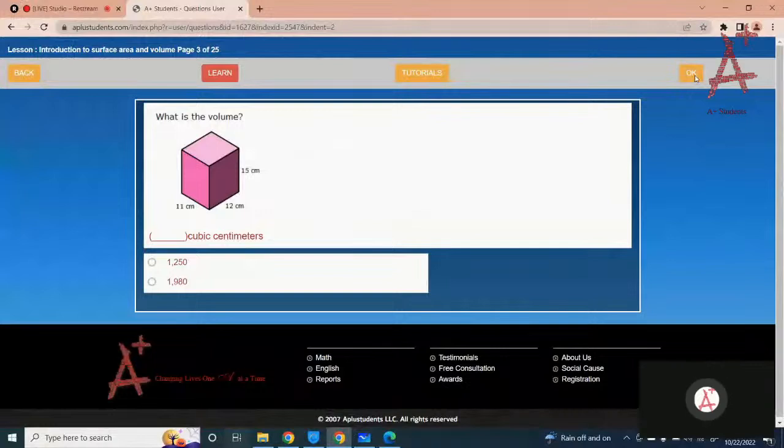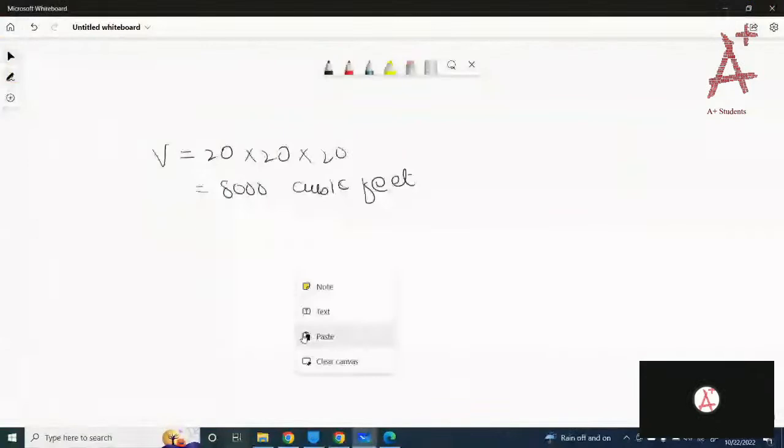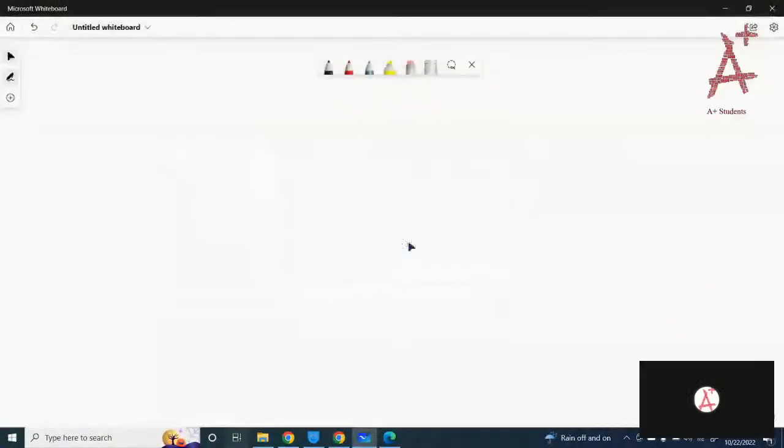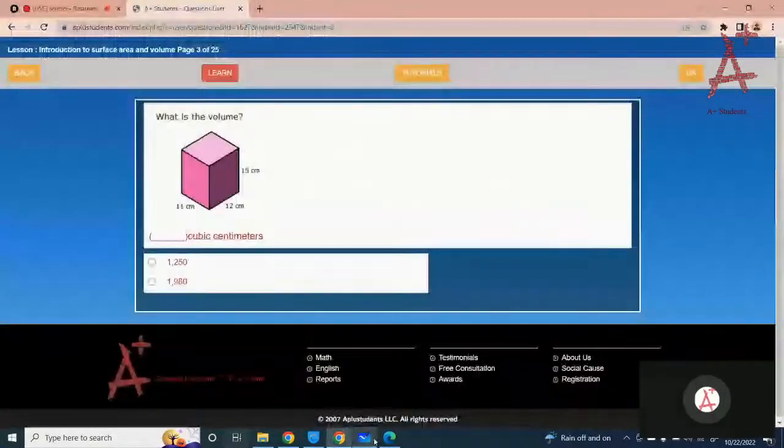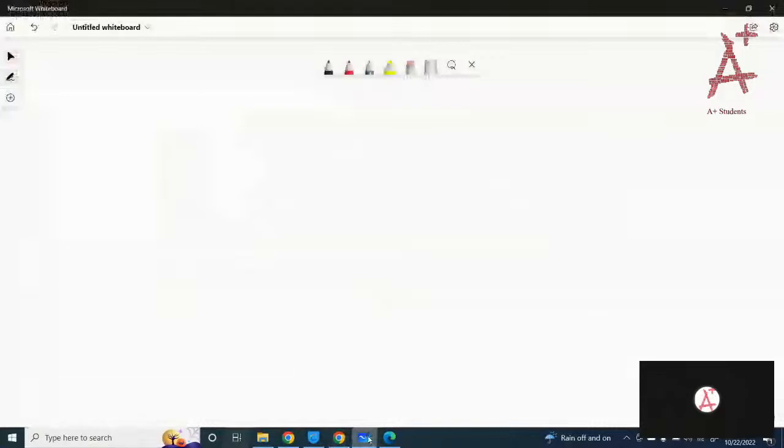Okay, what is the volume? You have to find the volume. Let me write down the values on the board. The length is 15, width is 12, and the height is 15.